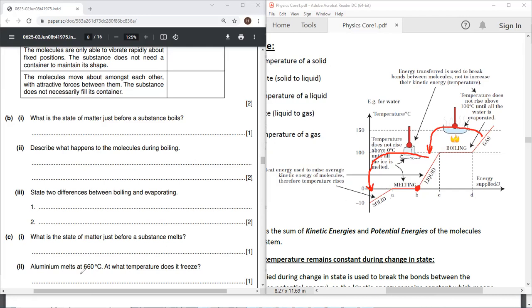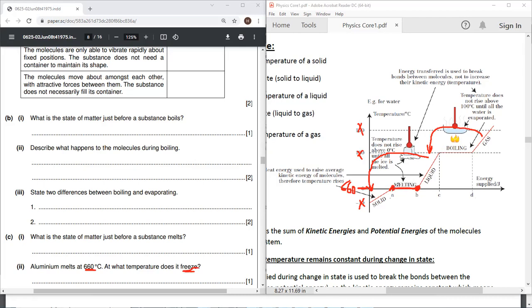He said that aluminum melts at 660, which means the numbers here will not start from zero. Melting starts at 660 degrees Celsius to move from solid to liquid. This liquid's temperature will then decrease until it freezes, or solidifies, into a solid, at the same temperature as the melting.